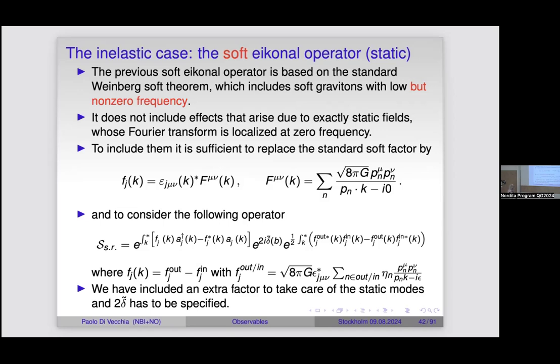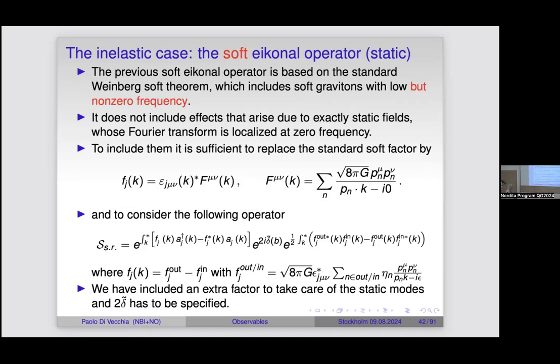So it doesn't include effects that arise due to the exactly static field, which is localized at zero energy, zero frequency. To include this, it is sufficient to replace the standard soft factor by the i over i epsilon prescription.